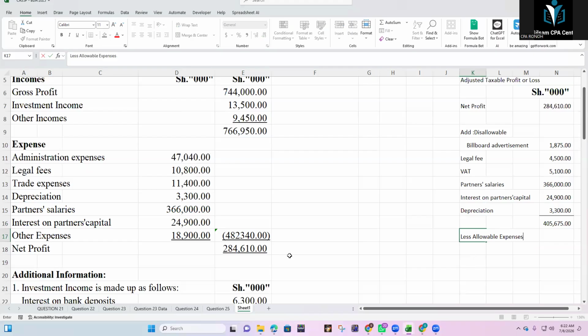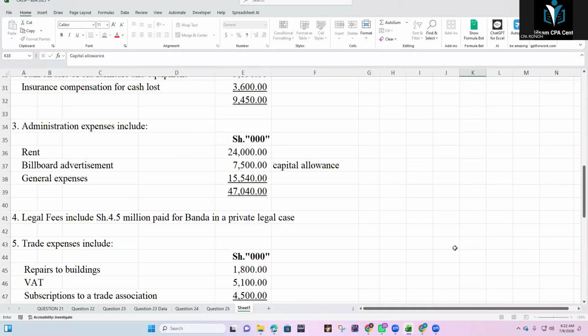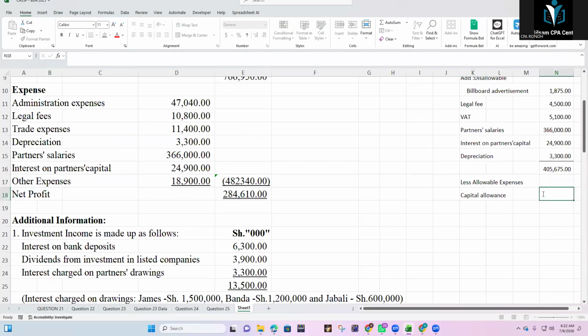So what are these allowable expenses? Capital allowance, they have agreed with the commissioner. Capital allowance to charge 14,400, they have agreed that. Now let's see other. These ones, they have already been deducted. Admin, legal fees.